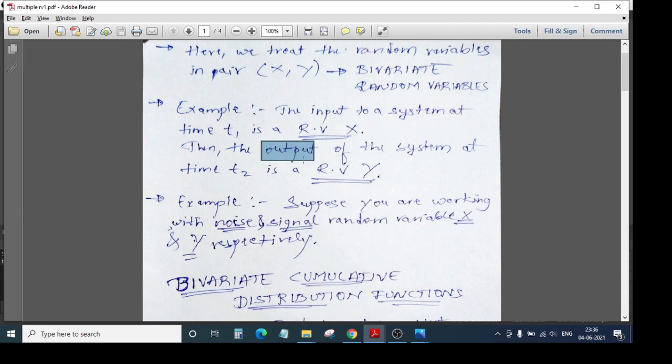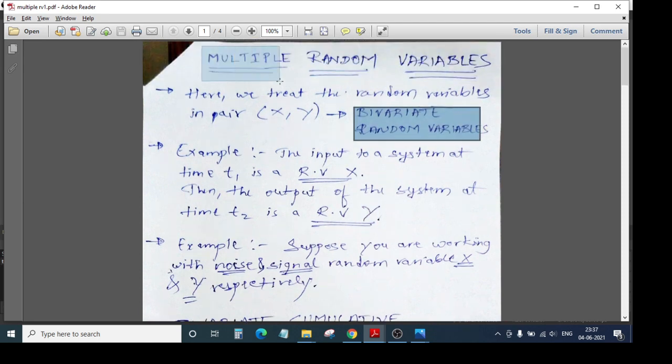We will expect the output at a different time instant, say t2, and this output is represented by a random variable Y. So always remember friends, this X and Y will come in pairs. It's quite obvious, whenever we give input, we expect some output. Any input is represented by X, any output is represented by Y. Such things are represented with the help of bivariate random variables, or the other name, multiple random variables.